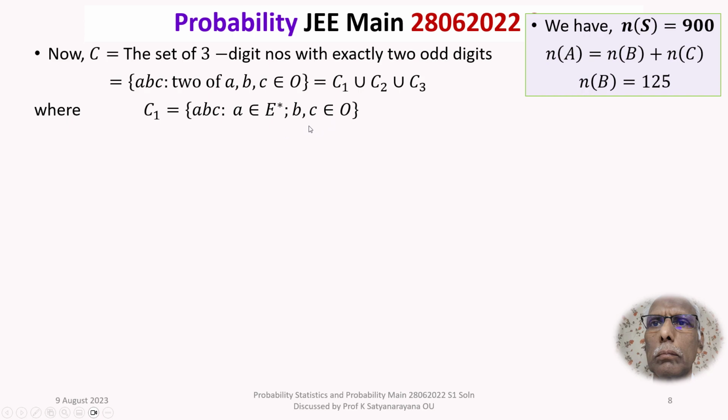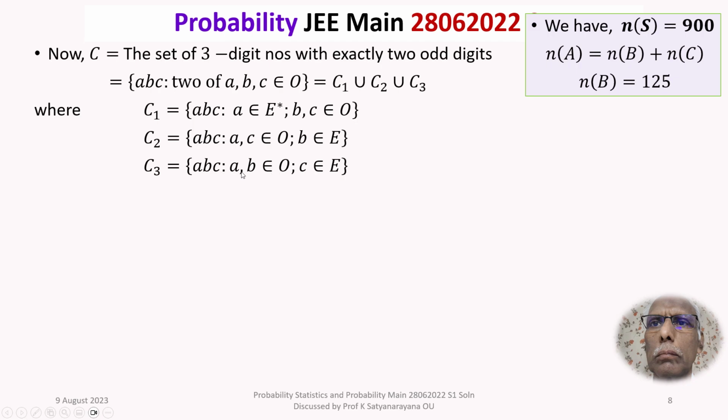Agreed. C2 is the set of all ABC where A and C are odd. The middle one, B, is even. Now it can accept 0. B can be even, 0 also. That is why B belongs to E. C3 is the set of 3-digit numbers ABC where the first two, A and B, are odd.